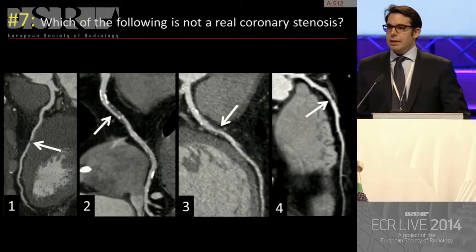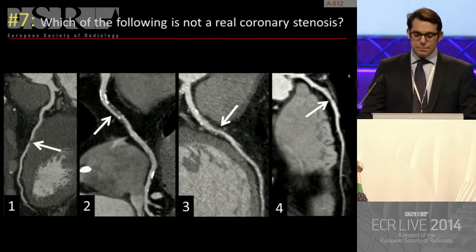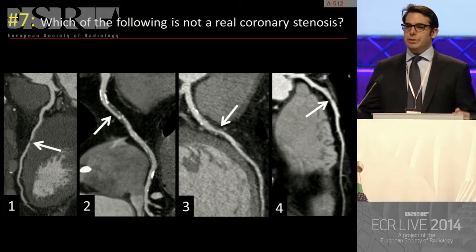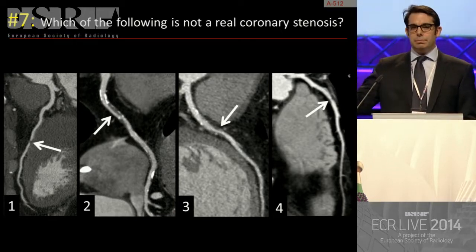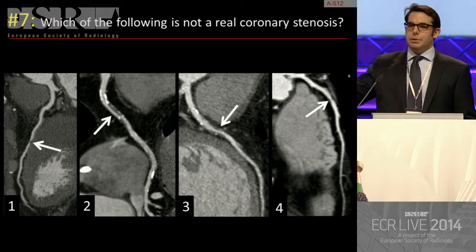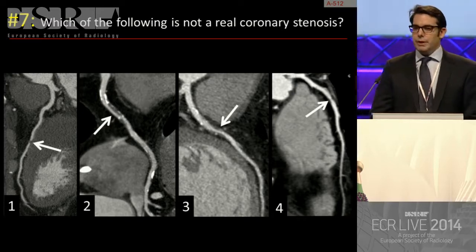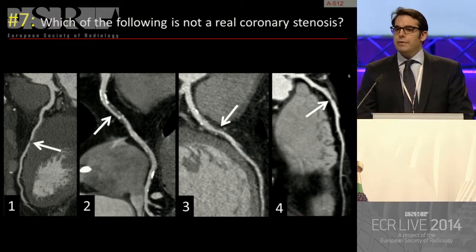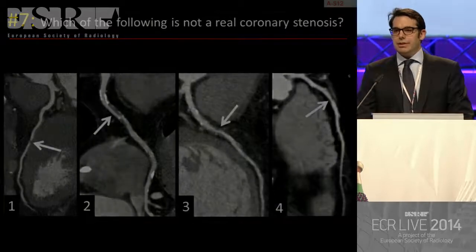Another common mistake that we make is this one. You are reading the study with a fellow, and the fellow will tell you, okay, this is the post-processing images that I got. And he will put them on the screen for you, and this is what you will find. This is number 1, 2, 3, and 4. And one of them is not a real coronary stenosis.